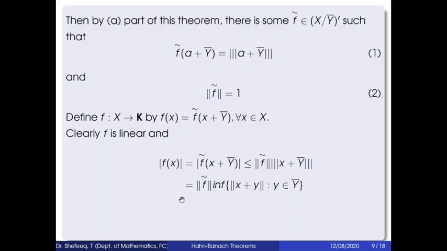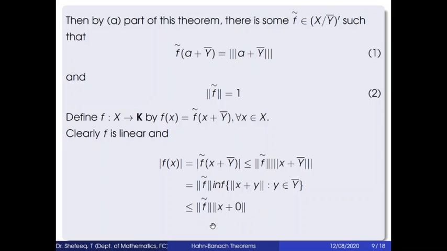Which is equal to norm f tilde into infimum of, we use the definition of this quotient norm, so infimum of the set norm x plus y such that y belongs to Y bar.